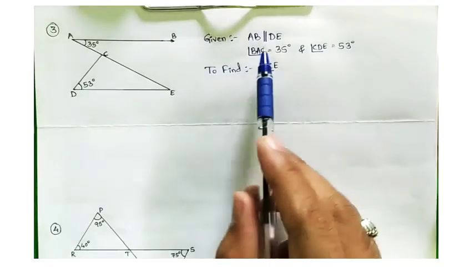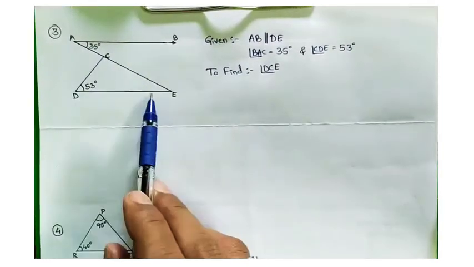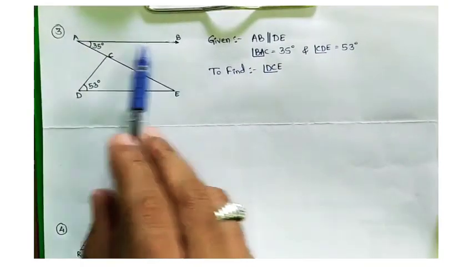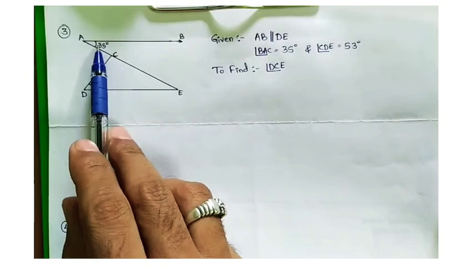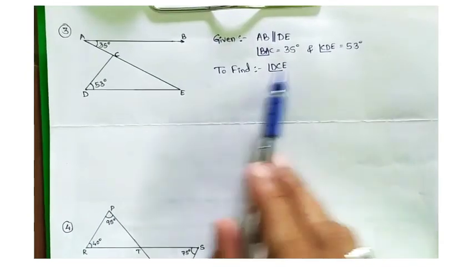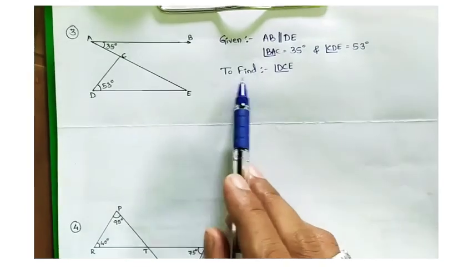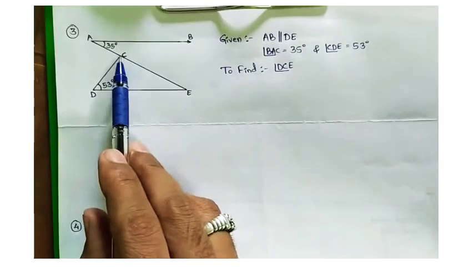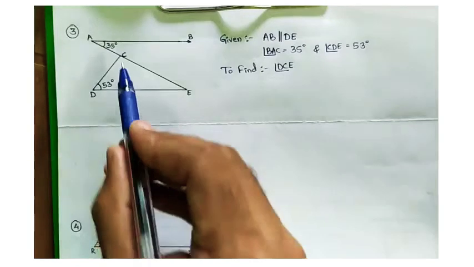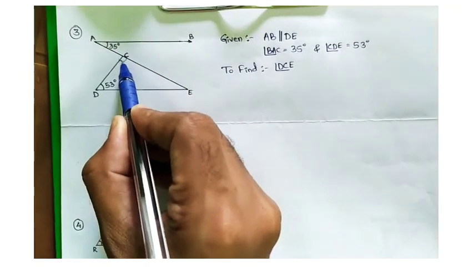So in the third question, they have given AB parallel to DE and BAC, that is 35 degrees, and CDE, that is 53 degrees. We have to find DCE. So this angle we have to find.